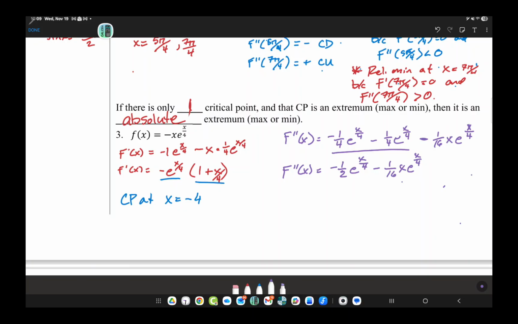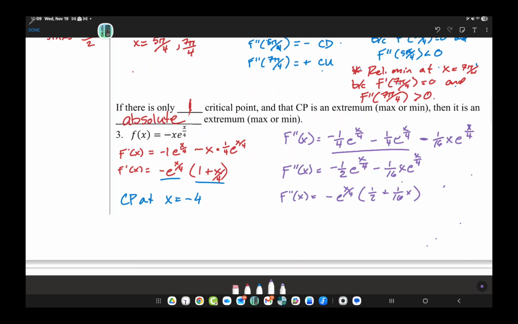You can factor out a negative e to the x over 4, and we get 1/2 plus 1/16 x.